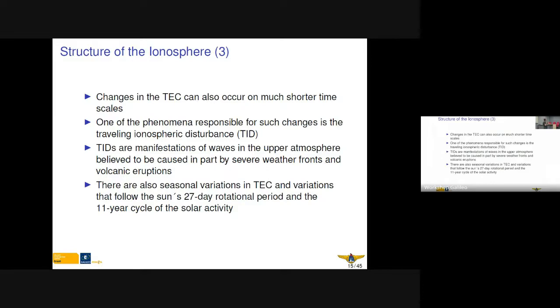And so in a couple of years, we will again reach the maximum of the solar activity, which gives us, especially here in Brazil, a lot of disturbance of the GNSS signals because of the ionosphere.